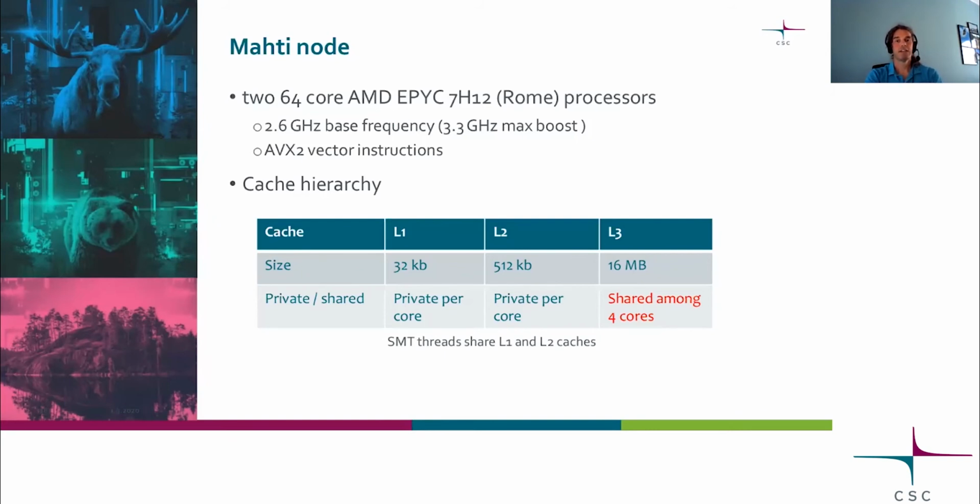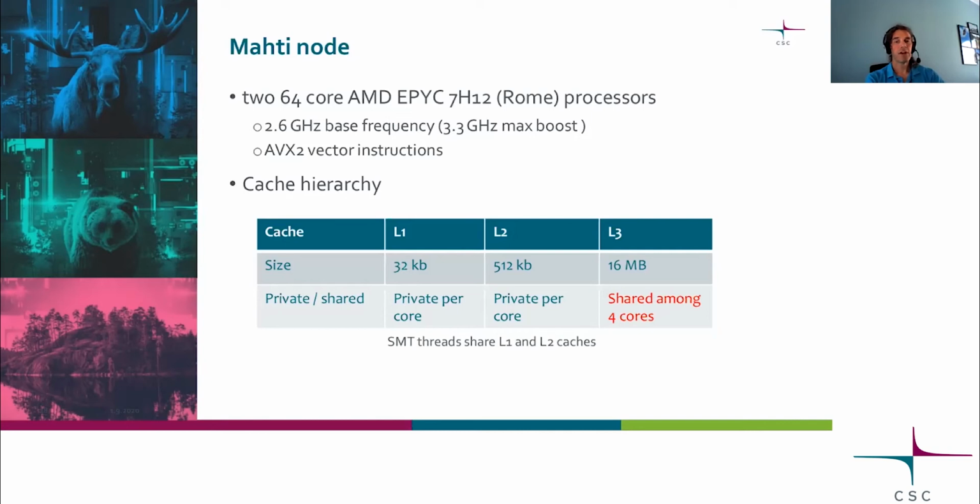So we already discussed that each node has two 64 core processors, also capable of running simultaneous multi-threading, and these support AVX2 vector instructions, which means that each core can calculate 4 double precision additions or multiplications with single instructions.